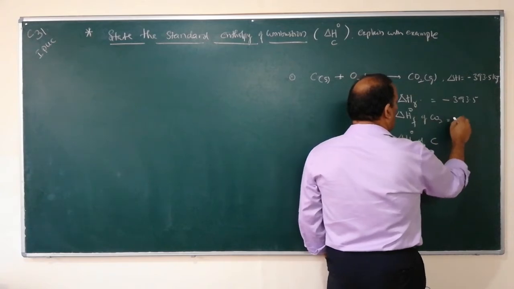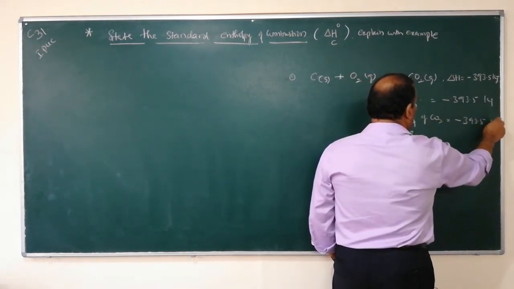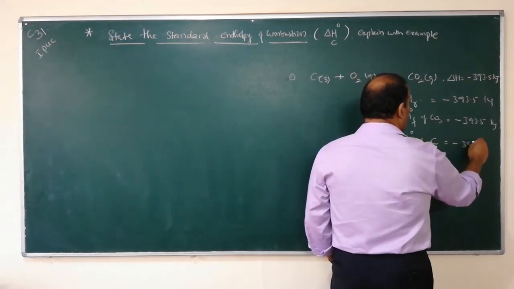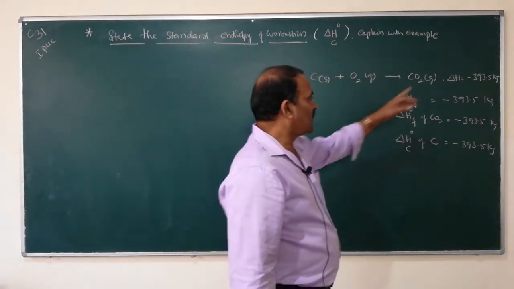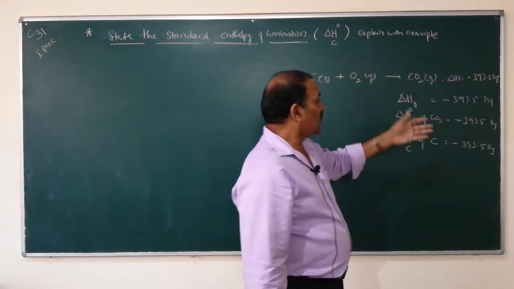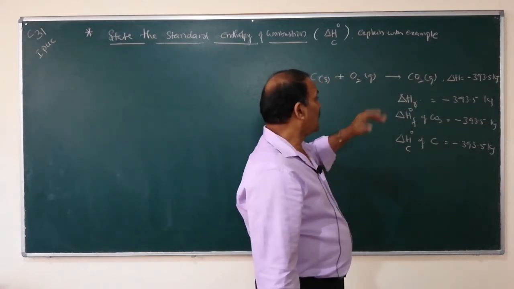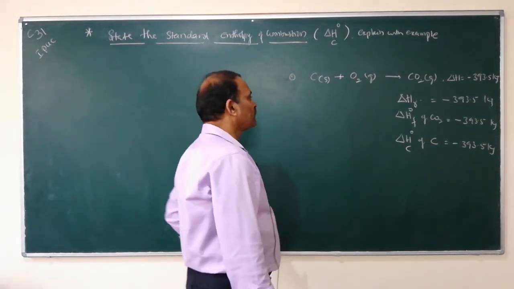Enthalpy of formation of carbon dioxide is also equal to minus 393.5 kilojoules. Enthalpy of combustion of carbon is also equal to minus 393.5 kilojoules. So this enthalpy of reaction is also equal to enthalpy of formation of carbon dioxide. It is also equal to enthalpy of combustion of carbon.